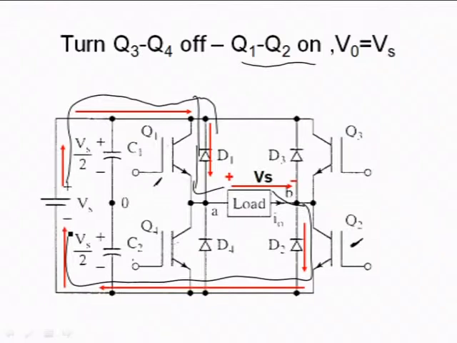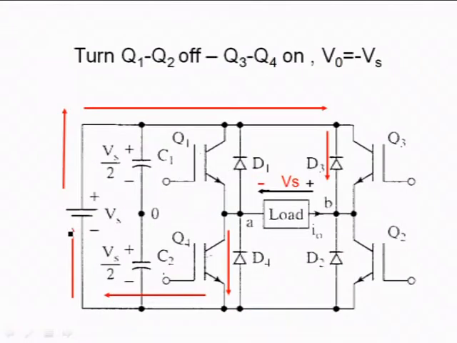Let us see the case when we turn off Q1 and Q2 and Q3 and Q4 are turned on. The duration is t equal to T naught by 2 to T naught. See the direction of flow of current now.